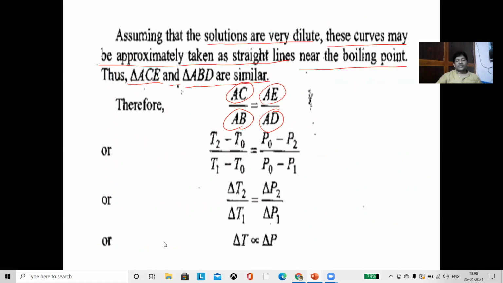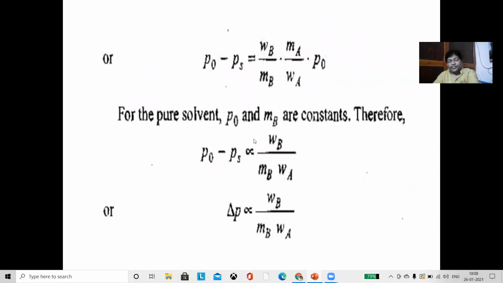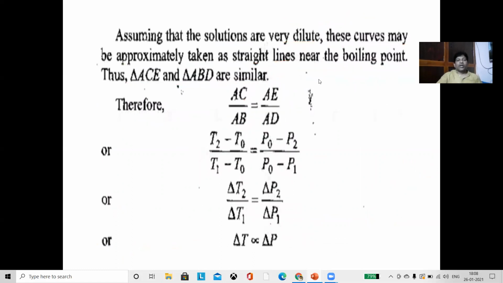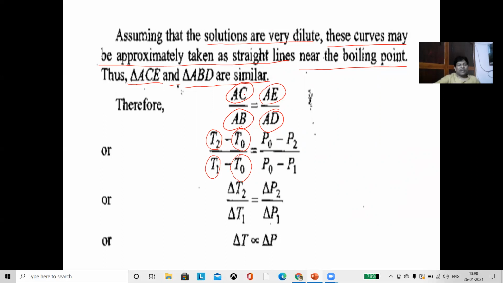Now here, AC by AB is equal to AE by AD. Then T2 minus T naught by T1 minus T naught is equal to P naught minus P2 by P naught minus P1.